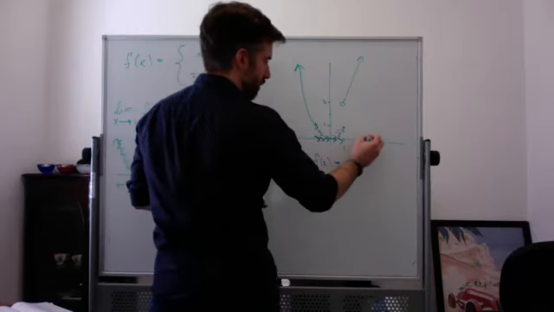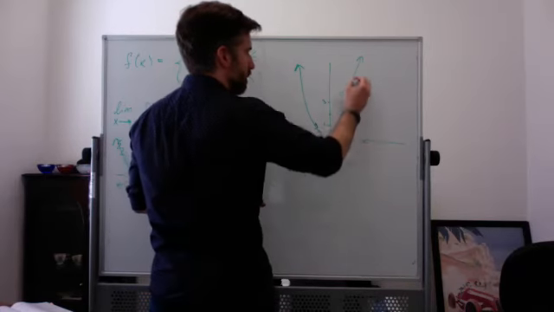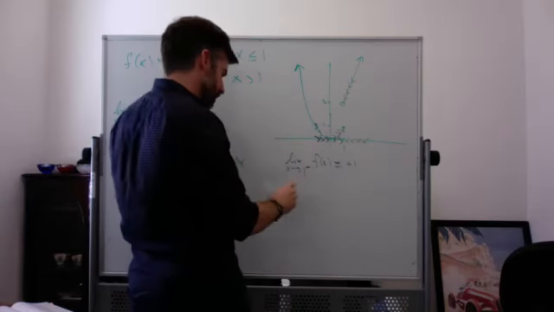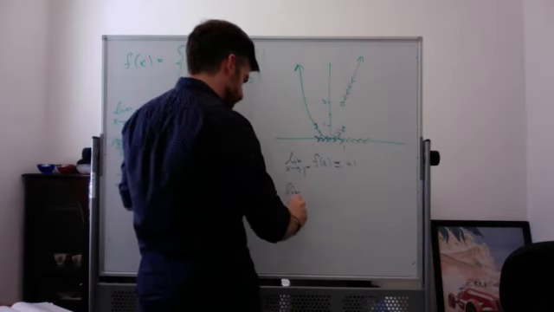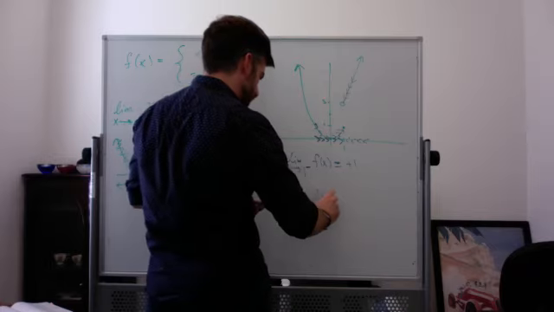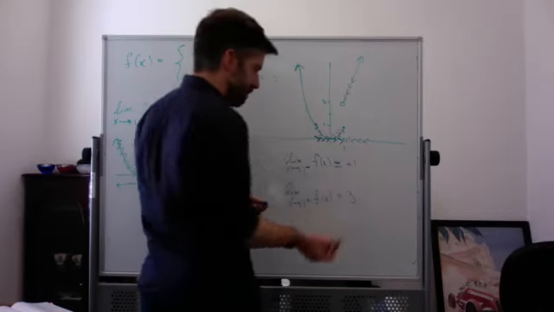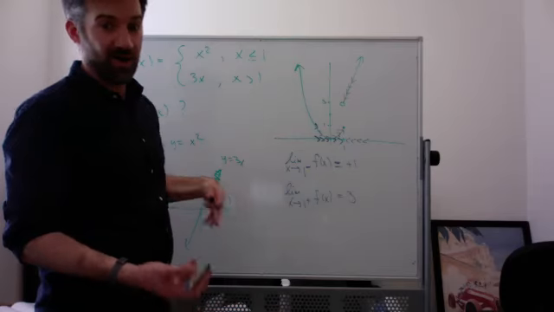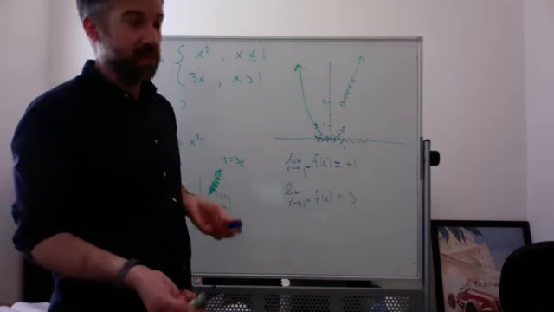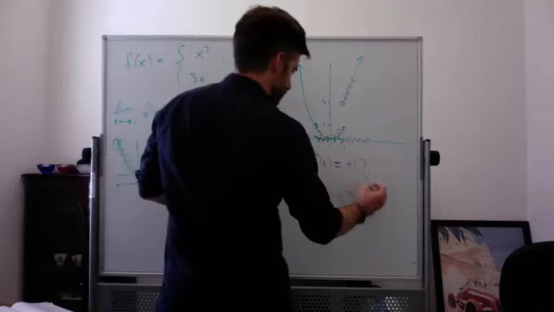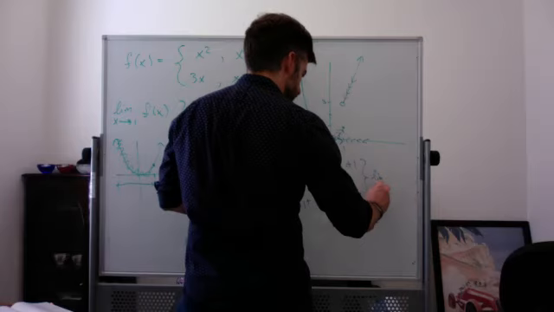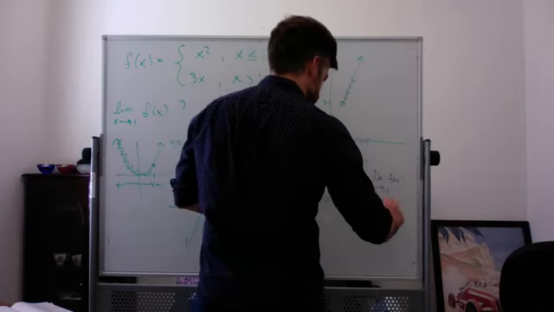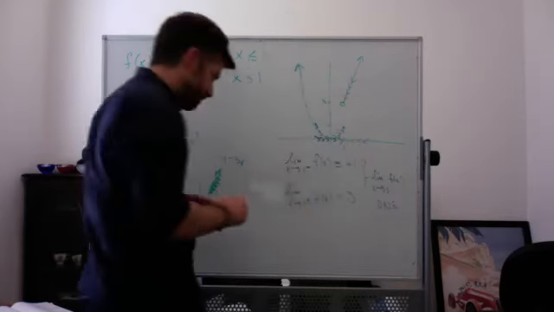As I approach 1 from the right, the function values are not approaching 1. They're approaching a value of 3. So the limit as x approaches 1 from the right of f of x is clearly equal to 3. And since the limit from the left and the limit from the right are not the same, that means the overall limit does not exist. So we'd say, oh yeah, the limit as x approaches 1 of f of x does not exist.